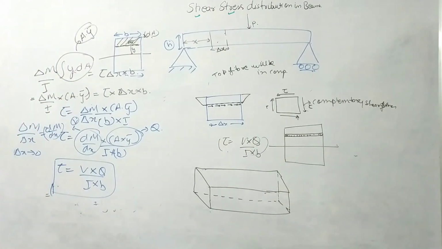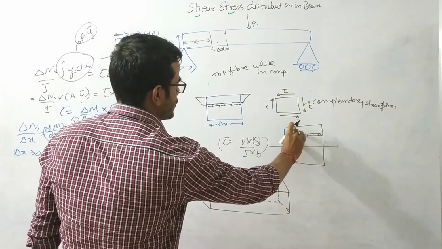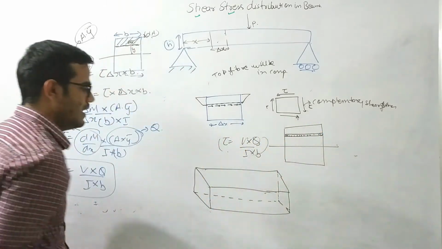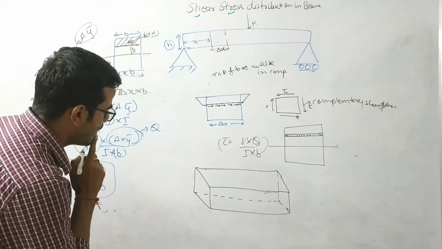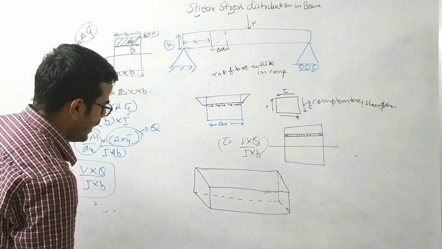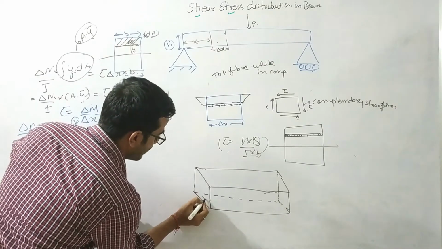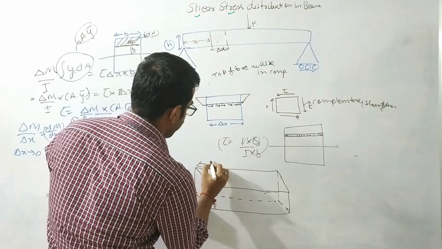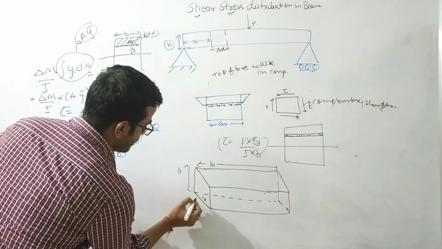So what we have analyzed: I have taken one strip from the cross section. I am checking the direction of the vertical shear force. I have calculated this shear stress. This is the width B, this is the height H, and this is the depth.